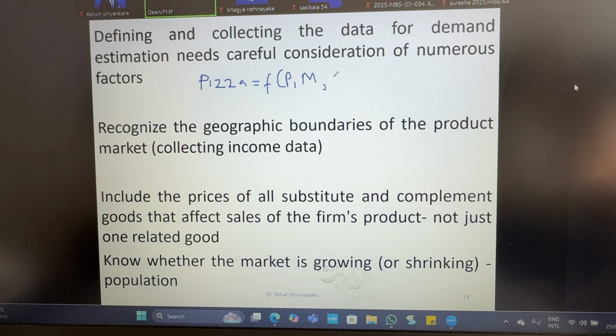What else? Other related pizza. If I ask you to add a fourth variable here, promotion and advertisement. Yeah, advertisement. Very good. Advertising expenditure here.